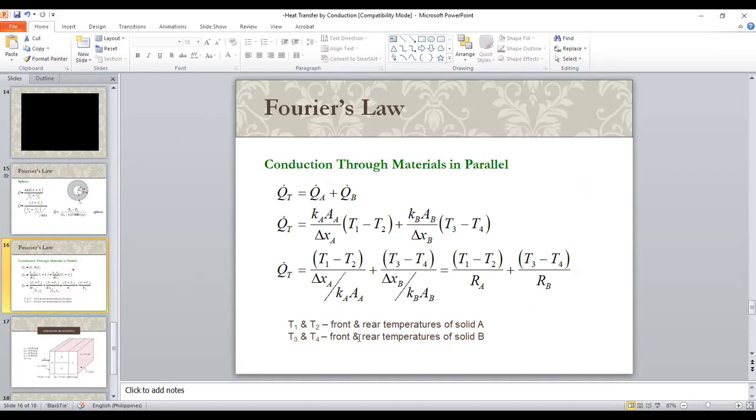And I have defined here also what T1, T2, T3, and T4 represent. So these are your four temperatures, but the two pairs are actually equal to each other. Yes, you have two pairs of equal temperatures.